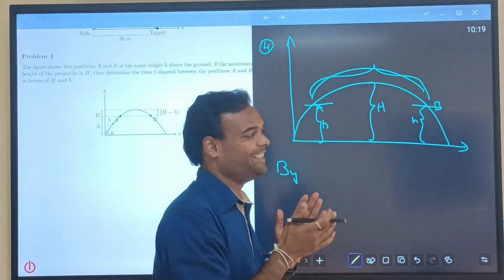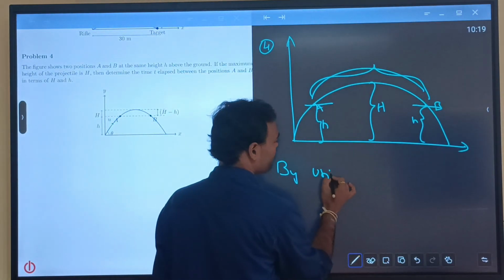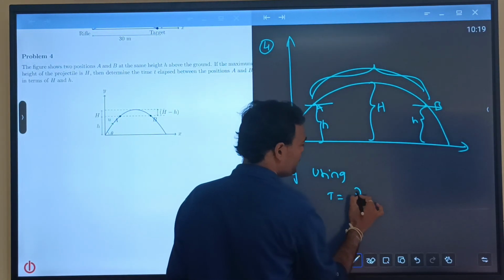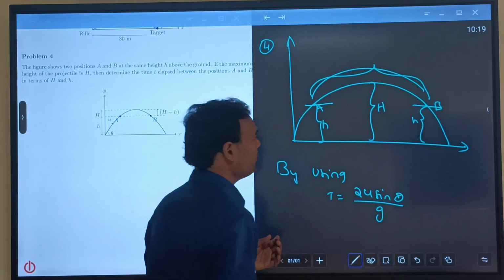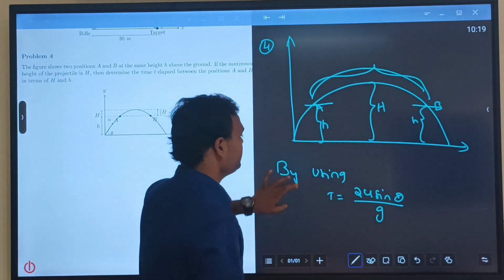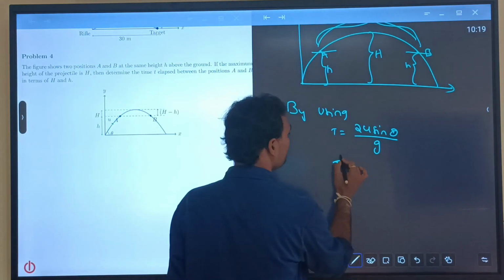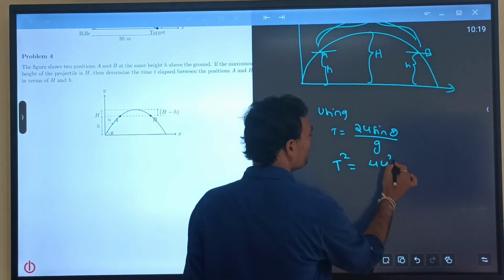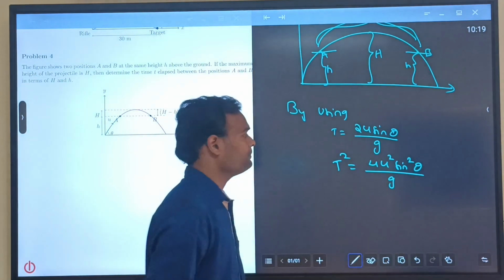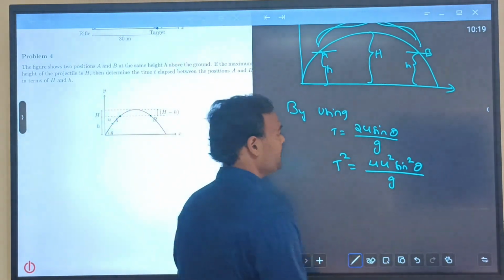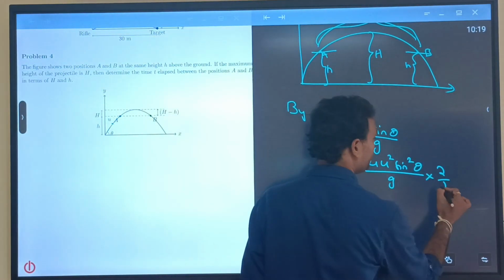It's my promise, right? Then by using t is equal to 2u sin theta by g, here can I say t square is equal to 4u square sin square theta by g, right? And here I am multiplying with 2 and 2.